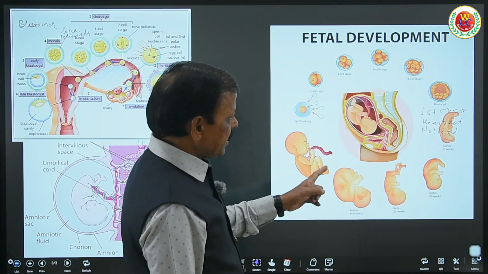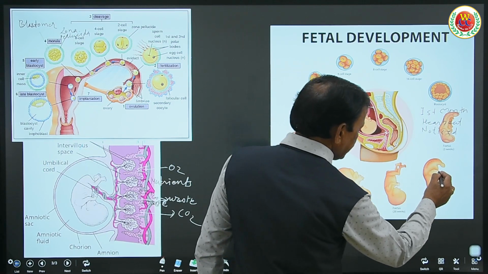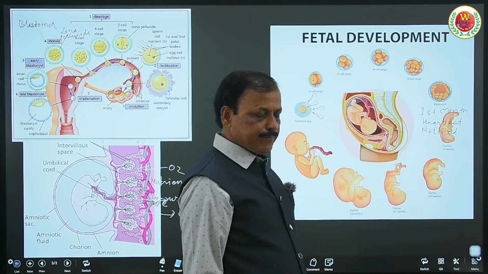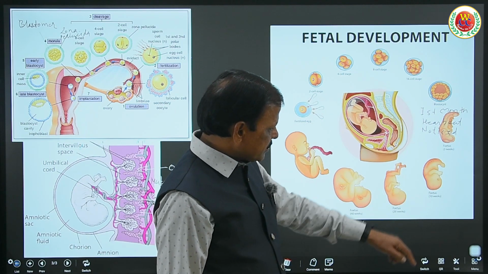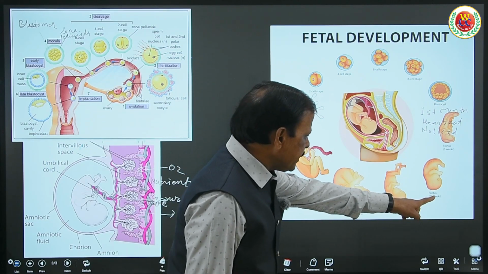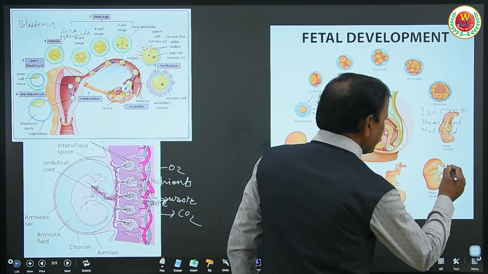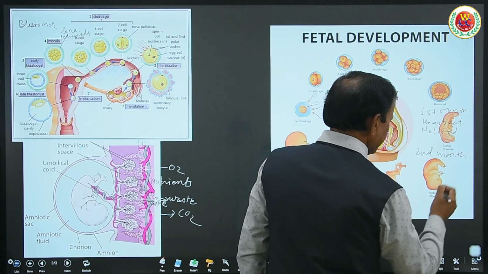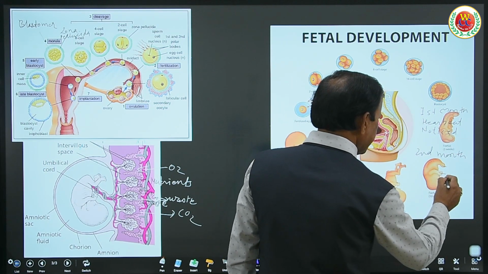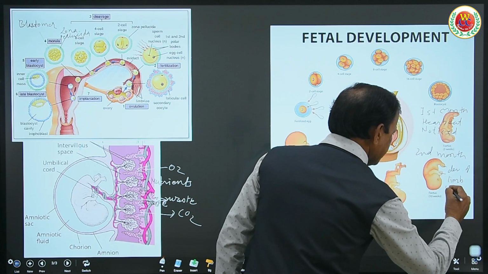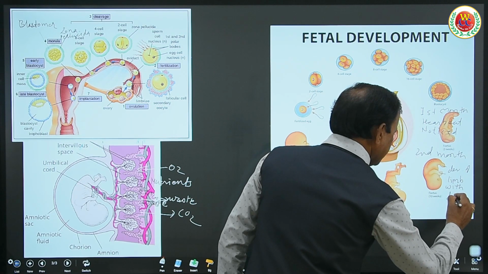Now second month, development of limbs. See here, development of limbs by the time of 10 weeks to 20 weeks. That means 10 weeks is almost 1.5 months, 20 weeks is around 5 months. So by the 10 weeks, what we call second month, by the completion of second month, development of limbs with digits.